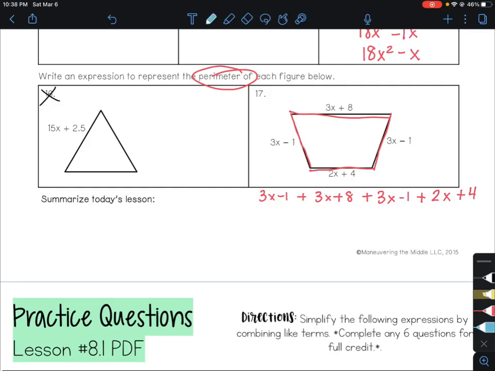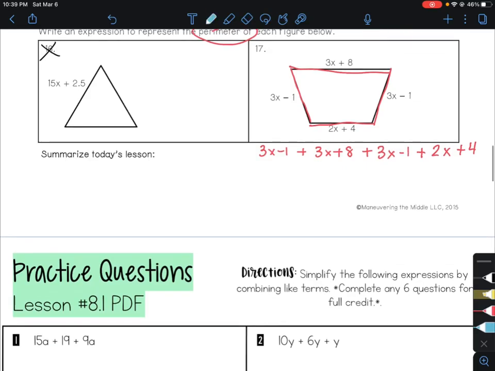We could definitely simplify it a little bit. I see all these x terms. 3x plus 3x plus 3x again, and then plus 2x. So take a look there. We have 3x and 3x, which is a total of 6x. Another 3x would make 9x, and then another 2x would make 11x.